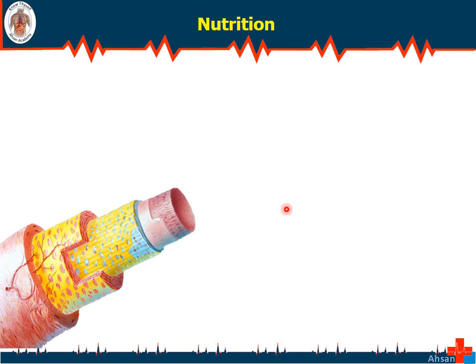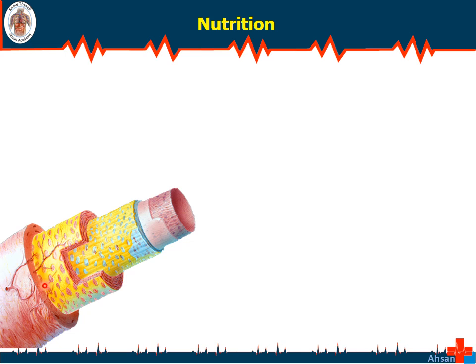But in the case of the vein, the nourishment scope is less. This blood carries less nutrition, less oxygen. So the superficial part close to the lumen gets the nutrition, but the deeper, peripheral, outer part remains in deficiency.